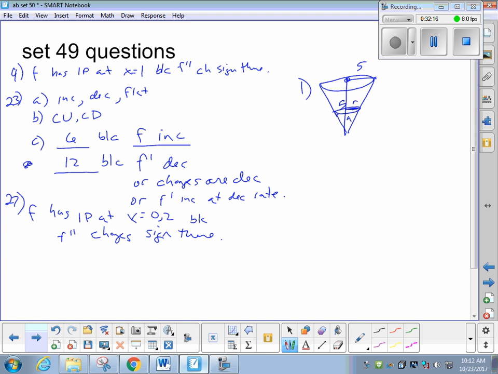Did you write the givens? It says the water is dripping out at a rate of 1 cubic centimeter per second. So you're given dV/dt is negative 1 cubic centimeter per second. In my rubric on a test, that's the first thing I look for.